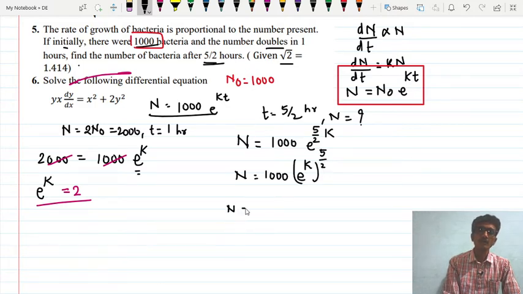So N is equal to 1000 into e raised to power k. E raised to power k is 2. So it is 2 raised to power 5 upon 2.